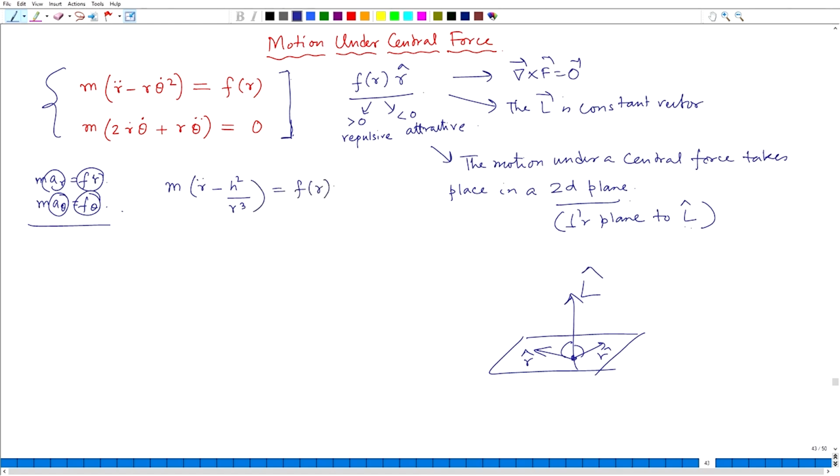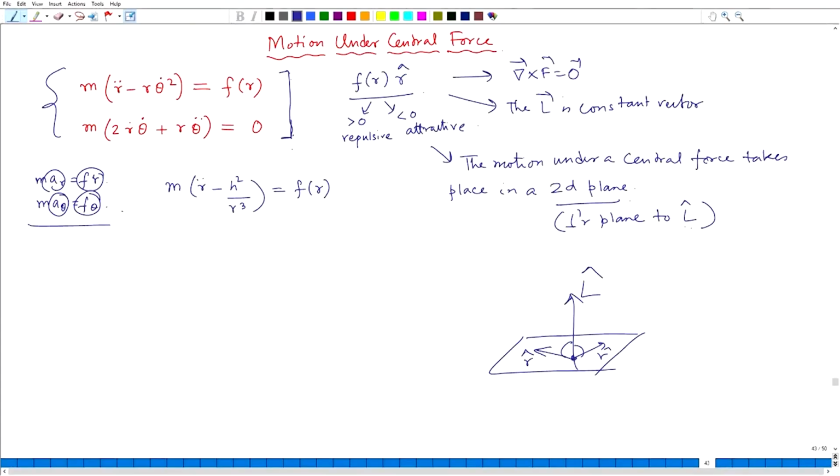Now, at this point I want to mention again a point of caution. It is true that when the motion is taking place under a central force, the motion is confined in a plane, and under that condition only, with this specific structure of the force, the cross radial acceleration is equal to 0.